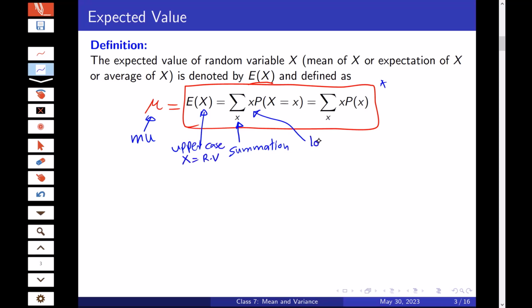Lowercase x means the value of a random variable.